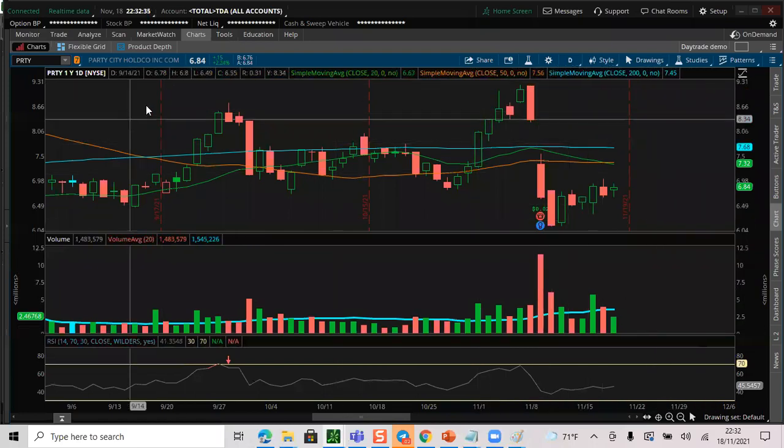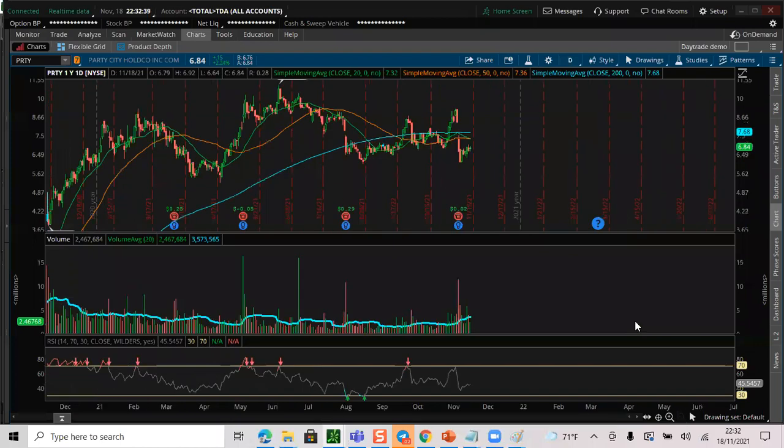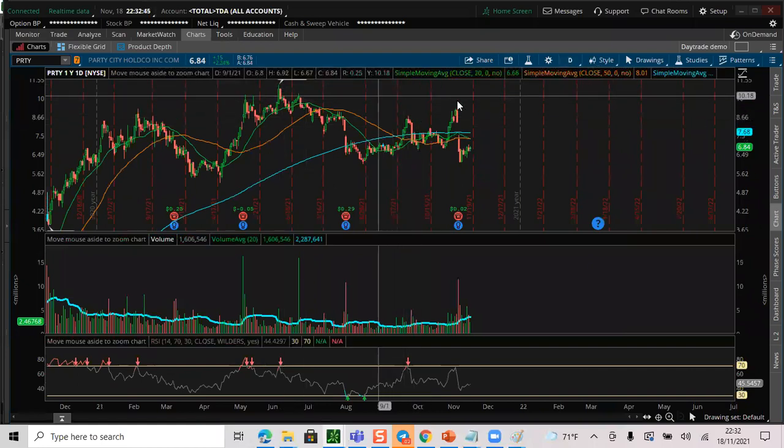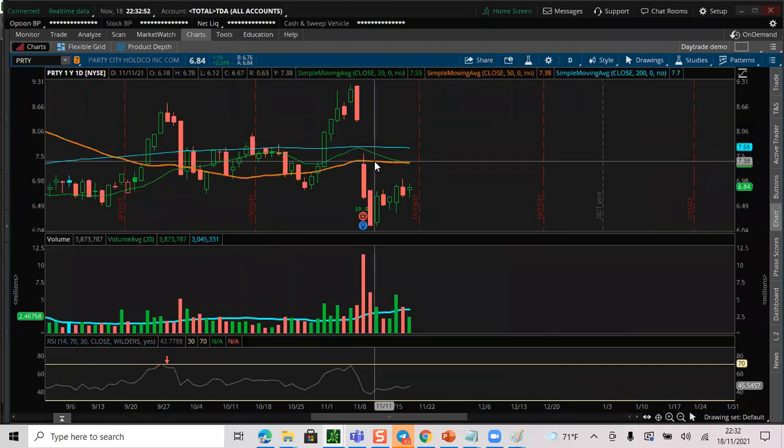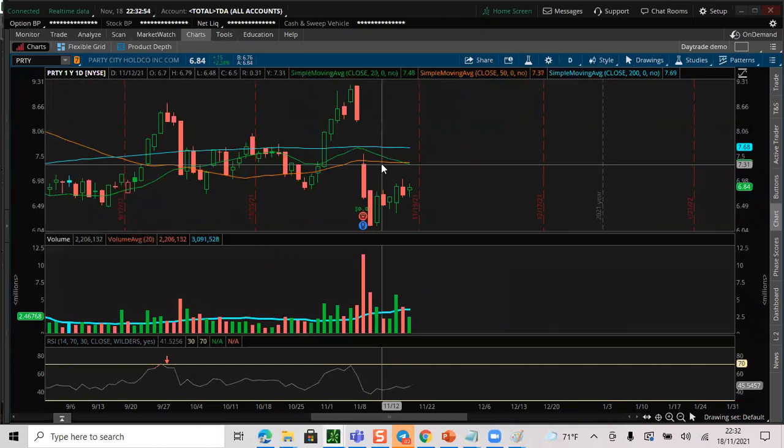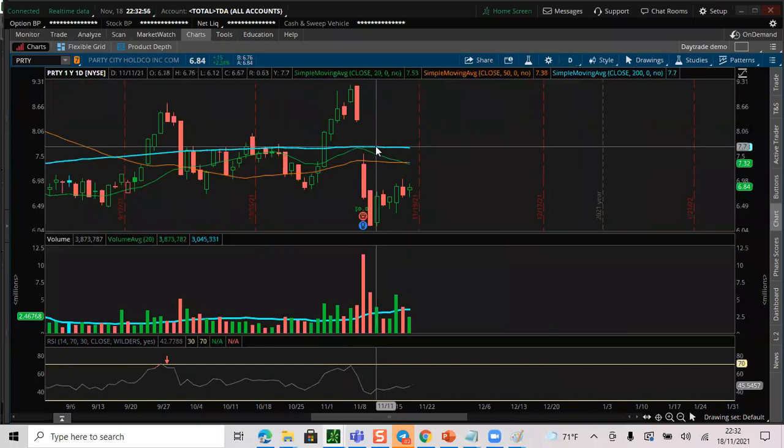Okay, so if I just select right here, see, Party City at a high of $11. Now, if you see, right, this is 20, this is 200, and this is 50. If 20 and 50 are below 200, it is still bearish.